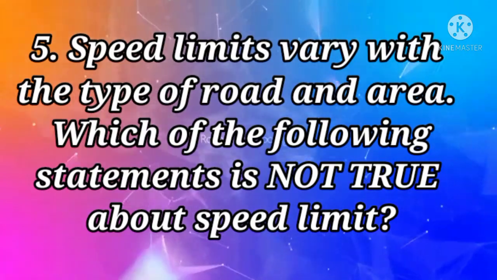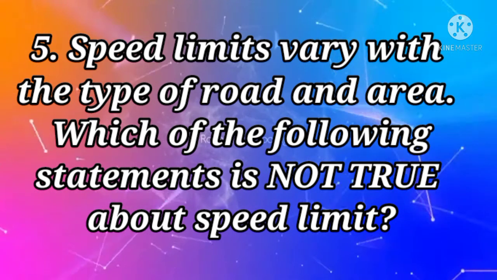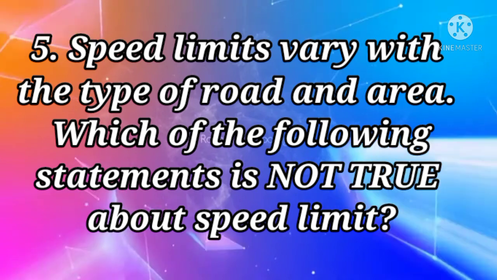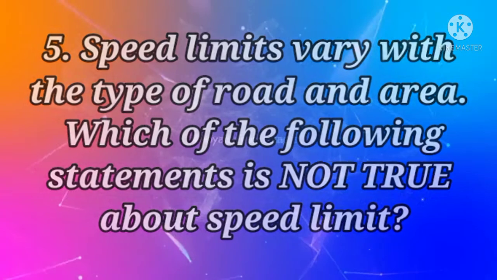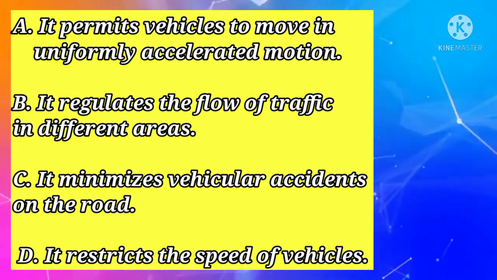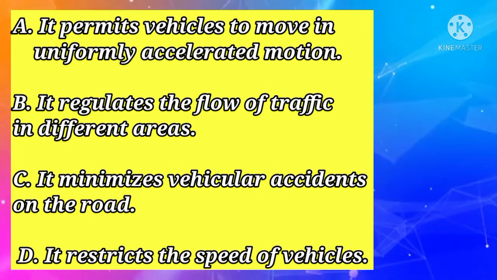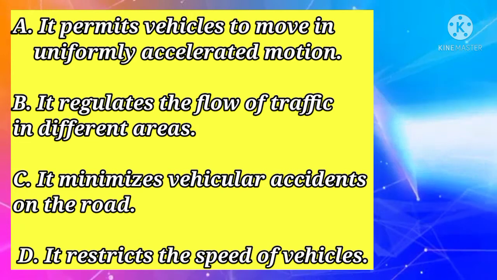Question number 5. Speed limits vary with the type of road and area. Which of the following statements is not true about speed limit? A. It permits vehicles to move in uniformly accelerated motion. B. It regulates the flow of traffic in different areas.